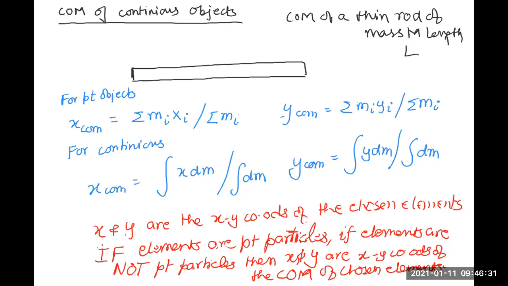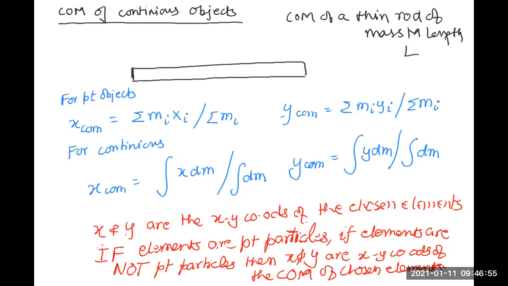However, if I give you a collection of continuous objects, a collection of solid objects, then first you will reduce the solid objects into point particles, and these point particles will be located at their respective centers of mass.